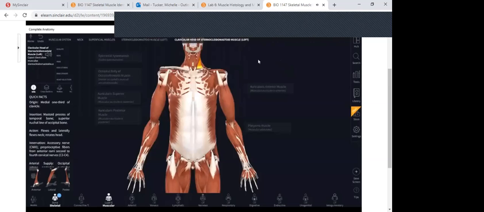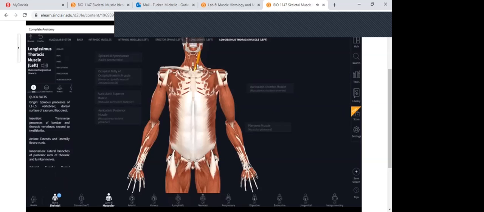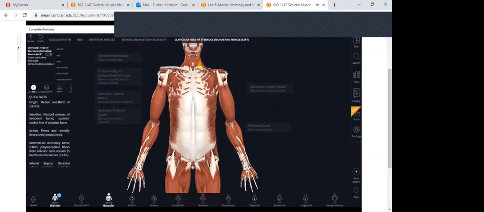Now we're going to look at sternocleidomastoid, which is this muscle which flexes the neck. Sternocleidomastoid flexes the neck and brings the chin down towards the sternum.